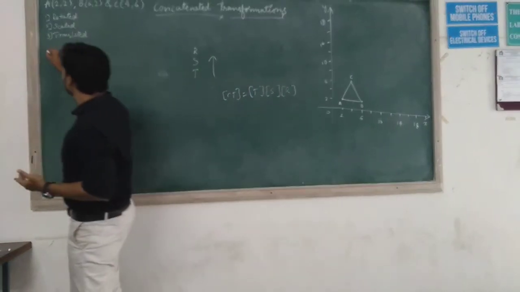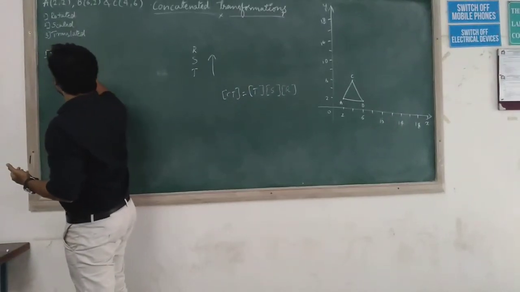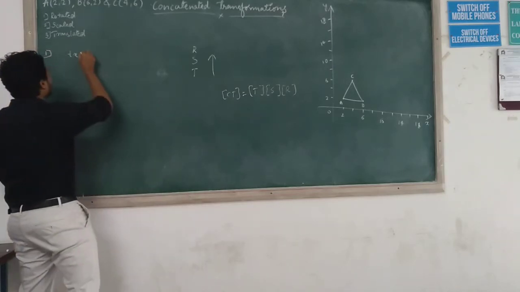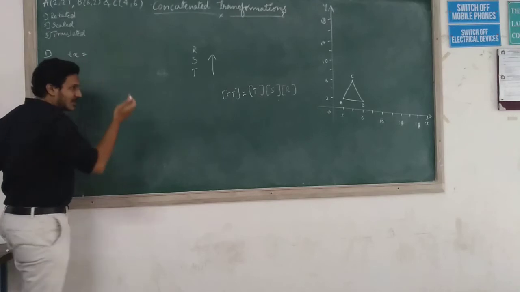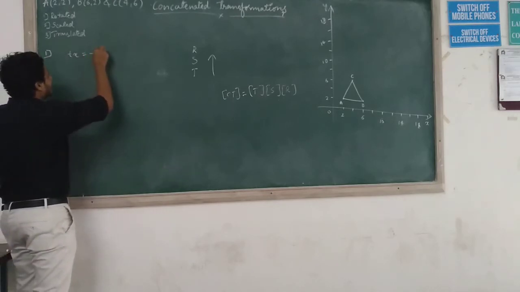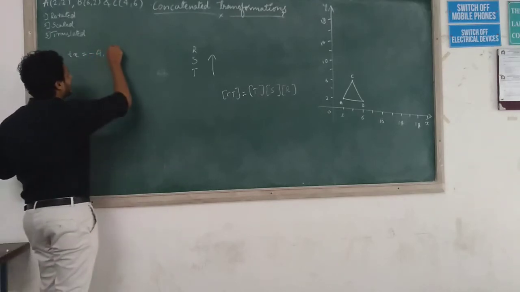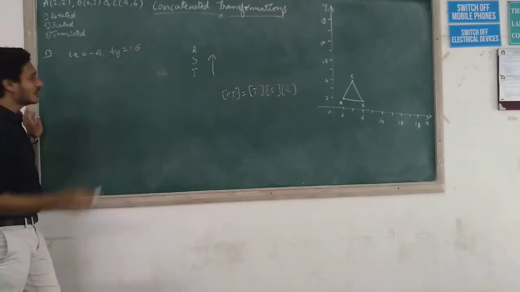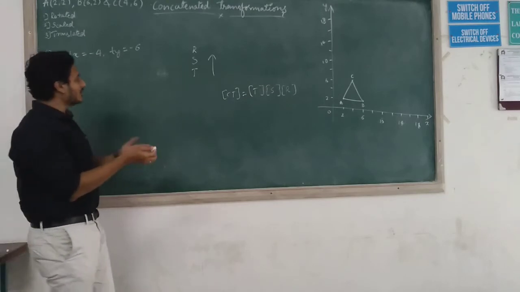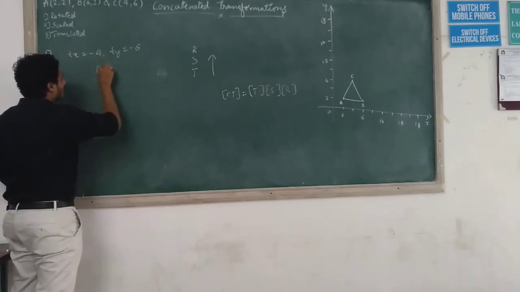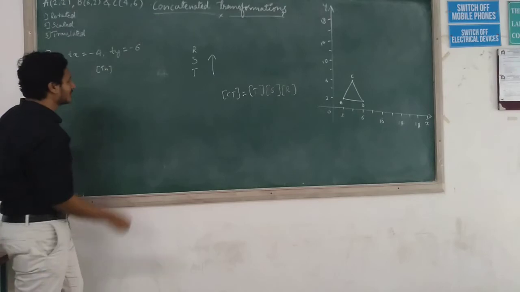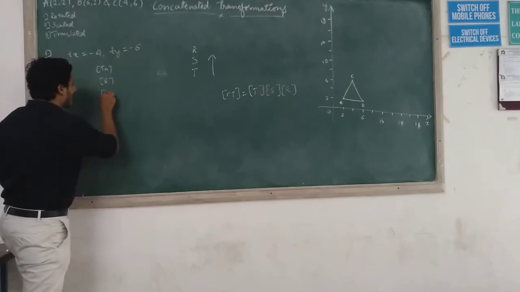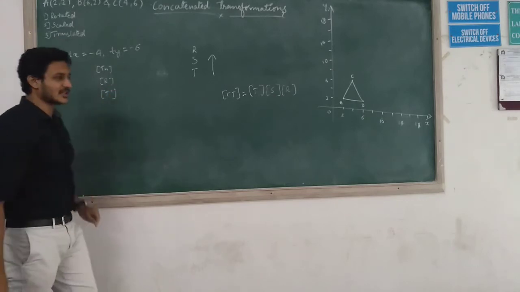First we go for the translation: Tx is -4 and Ty is -6, since we are rotating about C. So about the point we are rotating, we go for the translation first, then rotation, then we come back by doing the inverse translation.